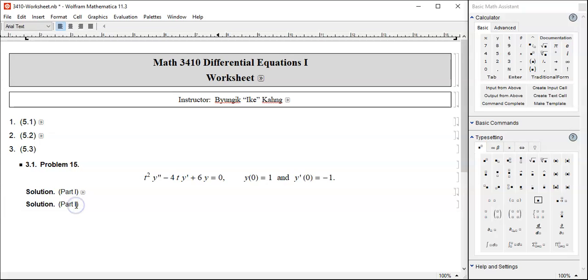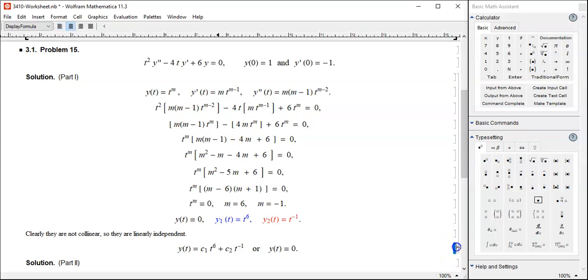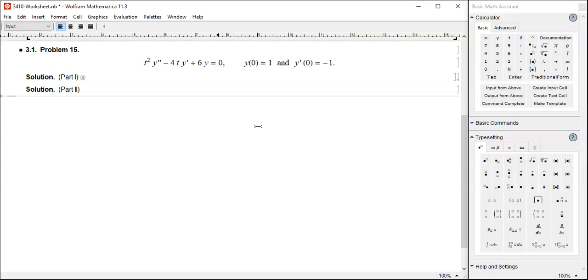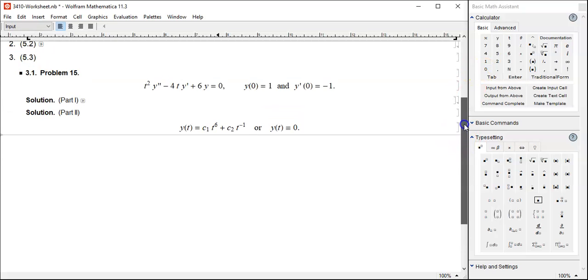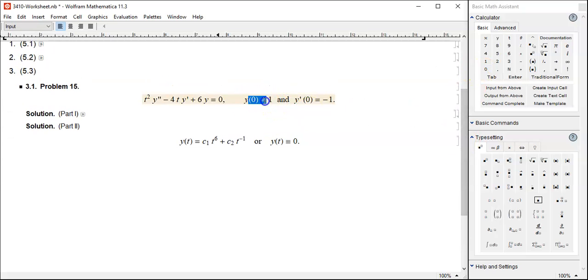Okay, let's go to part 2 of the solution. And what did you get thus far? We got these. Okay, we got that. And then we have to check these. Okay, looks like y0 is equal to 1, so this part is clearly out of consideration.